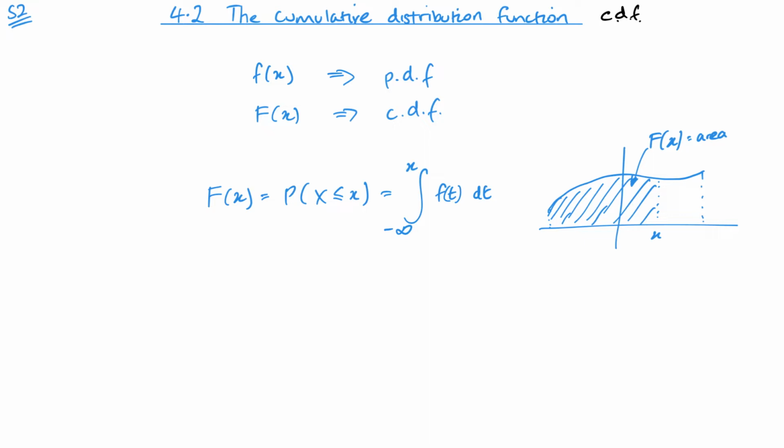So the easiest way, I'm just going to pop this down here. So p.d.f, c.d.f. So we integrate our p.d.f to get our c.d.f. And the reverse or the inverse of integrating is differentiating.